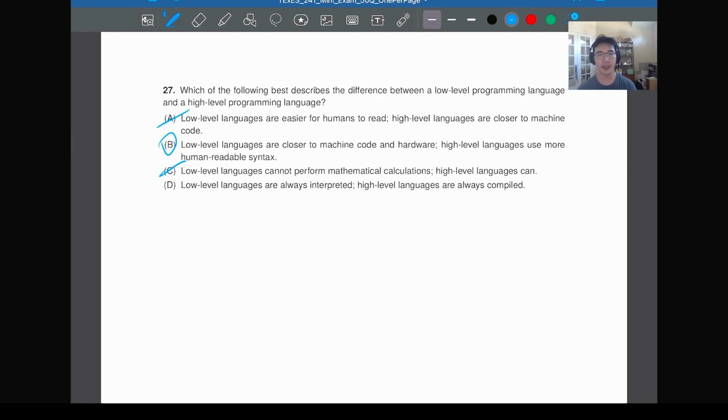You can think of high-level languages that are not compiled, right? Python, JavaScript. So D is false as well. So for questions like this, it really helps if you define low-level, define high-level language, and can come up with examples of each. That'll help you answer these types of problems.